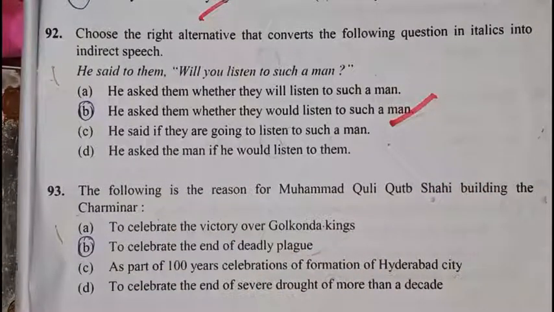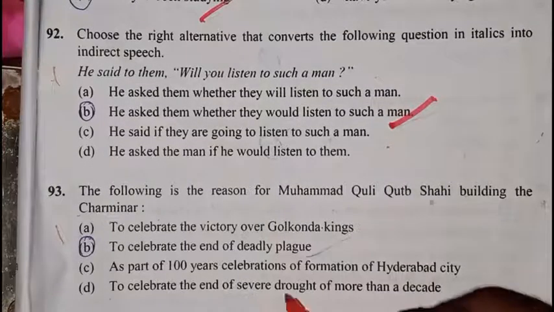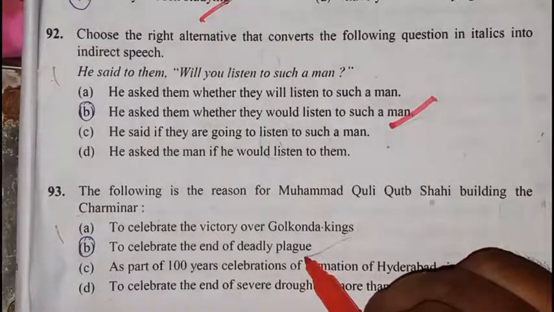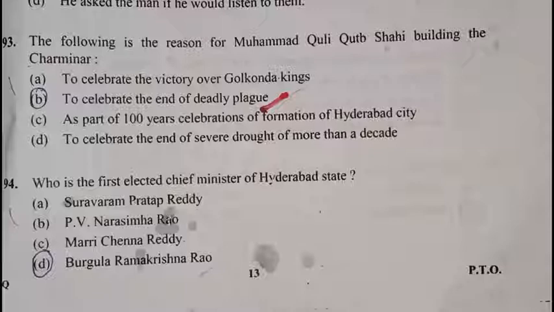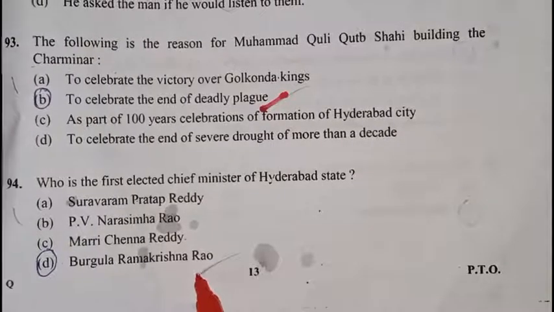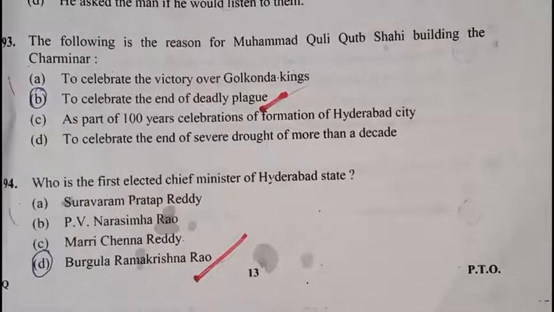Question number 93. The following is the reason for Muhammad Quli Qutub Shah building the Charminar. Answer option B. To celebrate the end of deadly plague. Question number 94. Who is the first elected Chief Minister of Hyderabad State? Answer option D. Burugula Ramakrishna Rao.